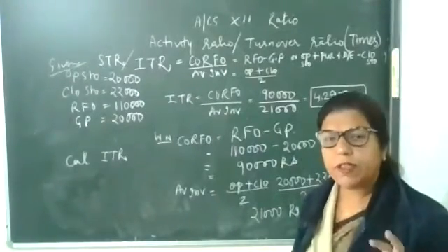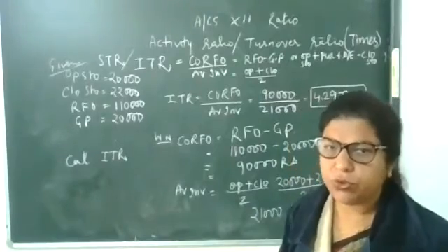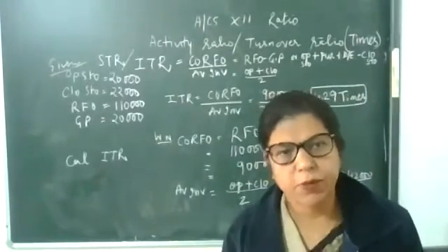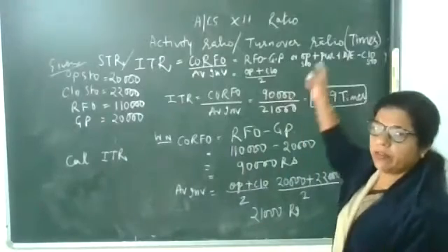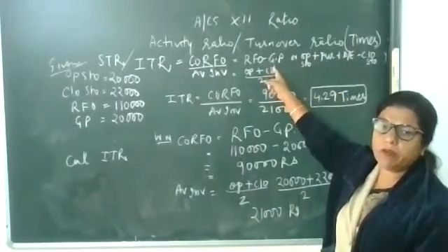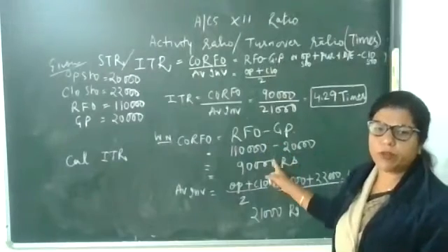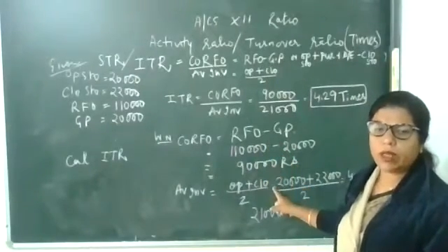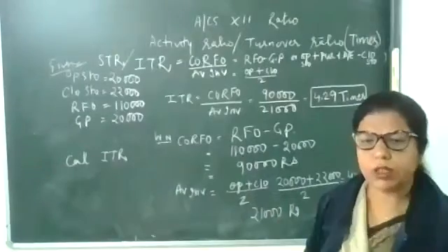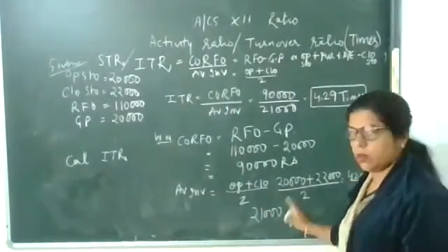So what is the difference between these two? If in the question purchase or direct expenses are given, we have to use this formula, and if RFO and GP are given, we can use the smaller formula. And the calculation for average inventory has no change.